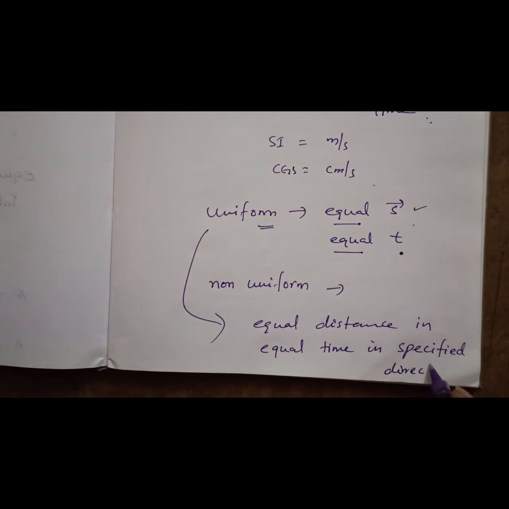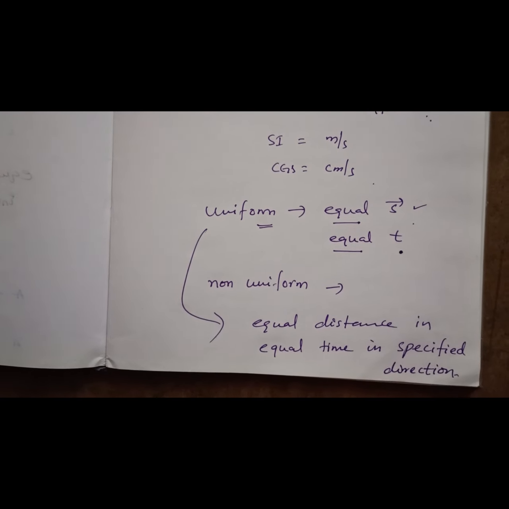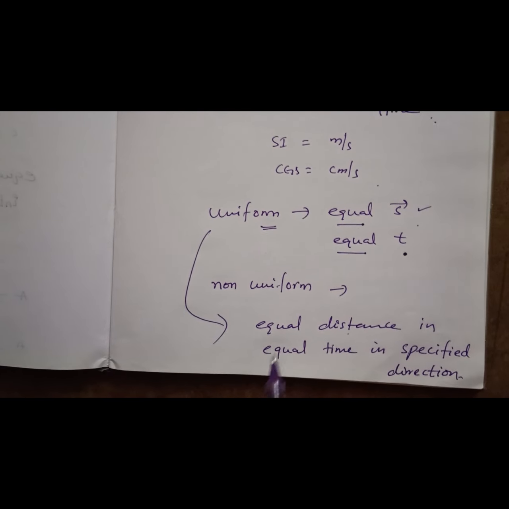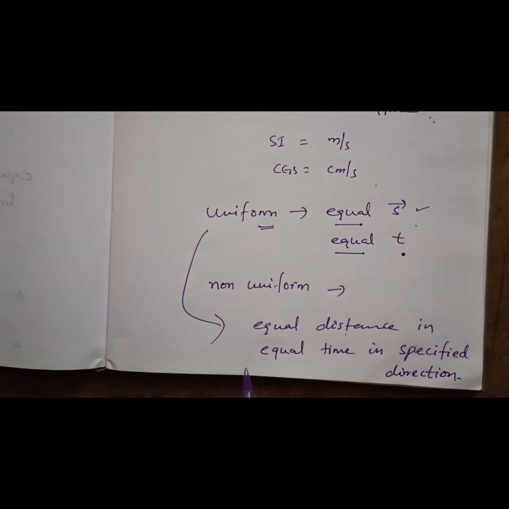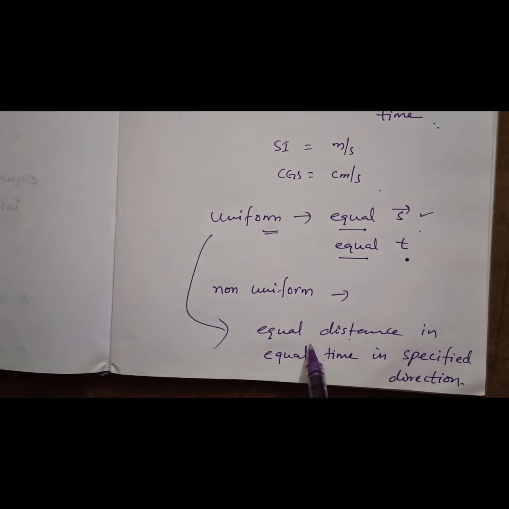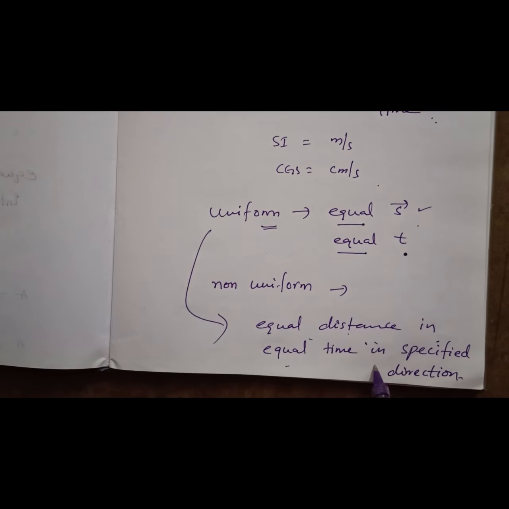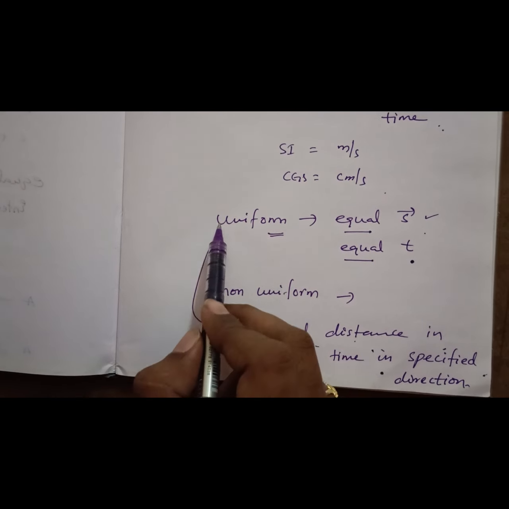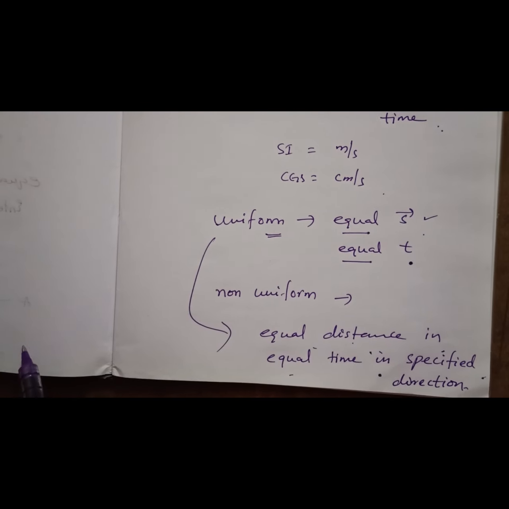What is the difference between distance and displacement? Direction. Distance, no direction. Displacement, direction. Now, if the body travels equal distances in equal intervals of time in a specified direction, that is uniform velocity.